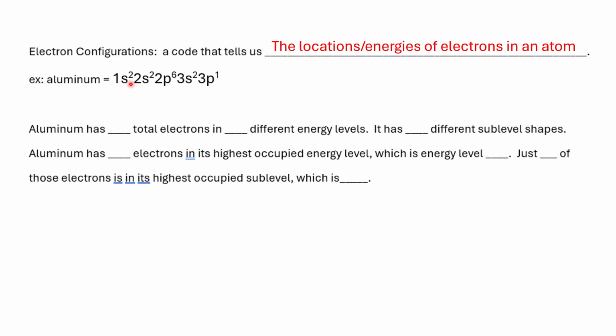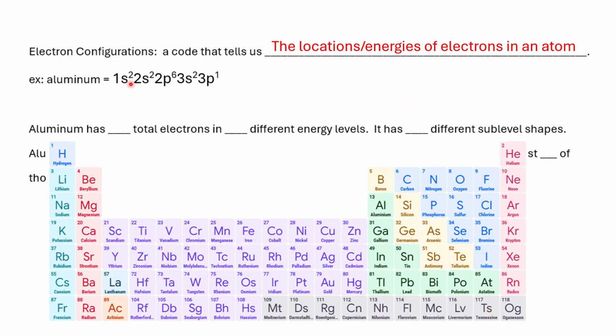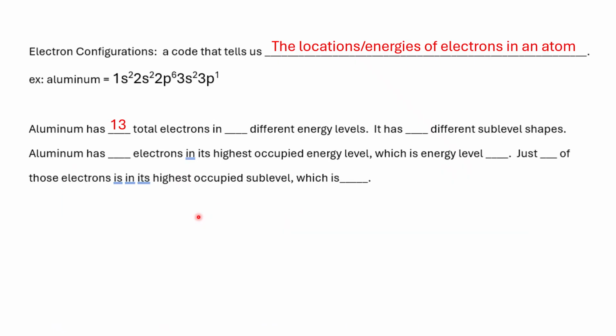You get that from its atomic number in the periodic table. If we look at the periodic table, you see aluminum is number 13, right? And then if we look at the superscripts, 2 plus 2 is 4, plus 6 is 10, plus 2 is 12, plus 1 is 13. So the electrons are represented there as superscripts, and we learned that already in the POGIL. So it has 13 total electrons.